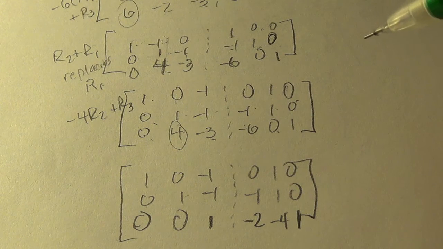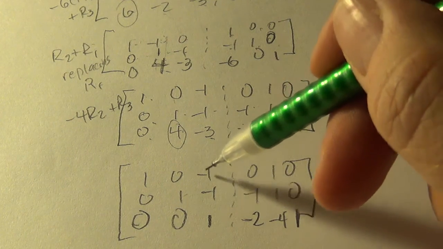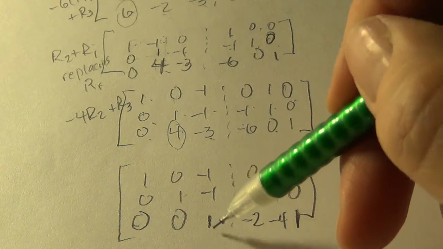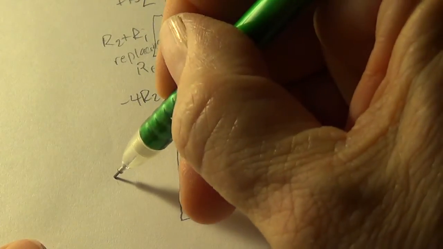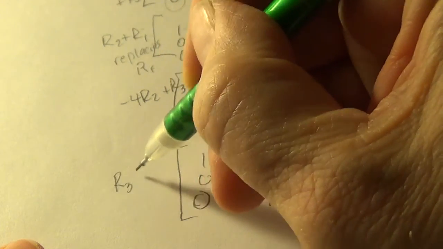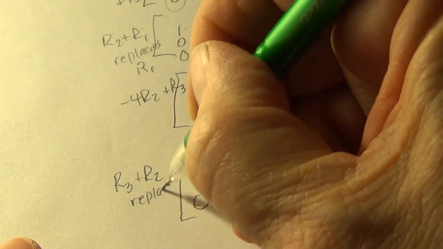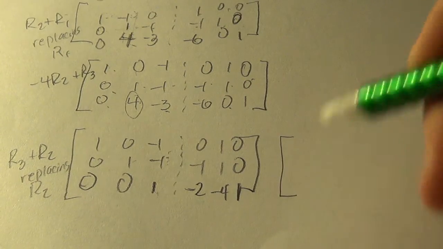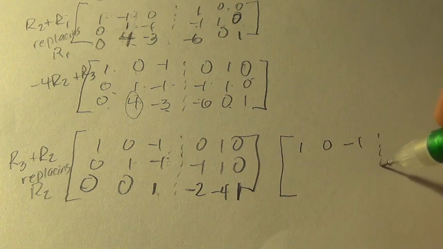I see that I have to work on these right here. So what if I add row 3 plus row 2, replacing row 2? That will create the same thing on row 1 and 3.